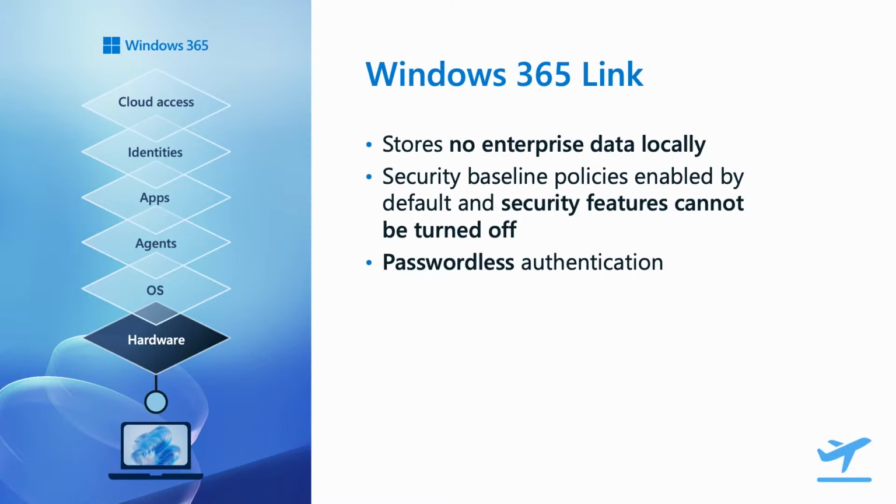It has a TPM 2.0 chip. It has virtualization-based security, VBS, and hypervisor protected code integrity, HVCI, enabled by default and can't be turned off. It leverages Secure Boot and also has BitLocker with the same recovery process that you'd be used to. So all of these are built in as just part of the device and operating system.